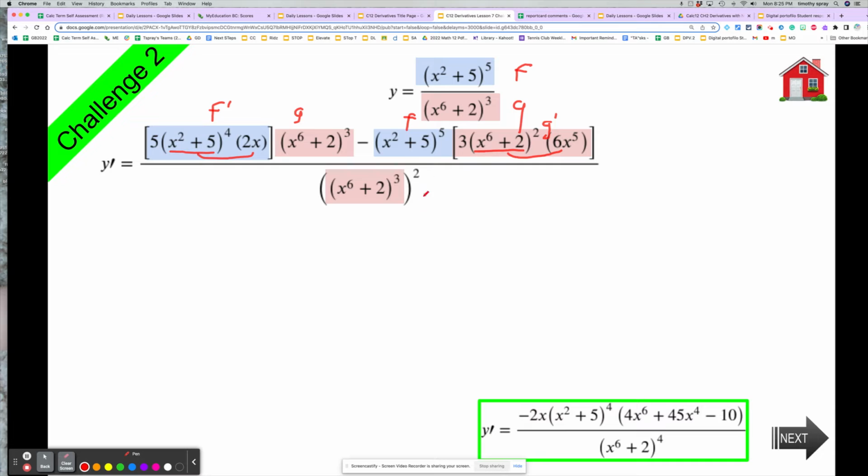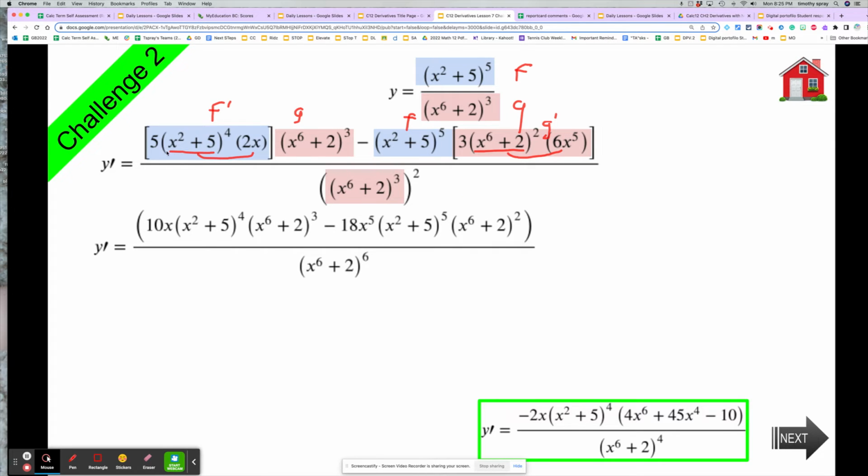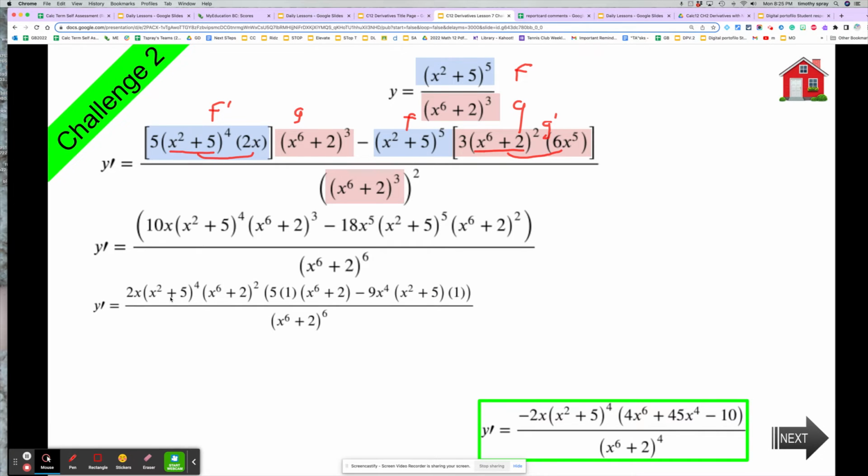So once again, we need to be really careful here. We'll just sort of bring these terms to the front, bring those terms to the front. So let's see, we've got the 10x from the 5 and the 2x. We've got the 18 from the 3 and the 6 and the x to the 5. We're now going to take out common factors on the top, which I think I did.